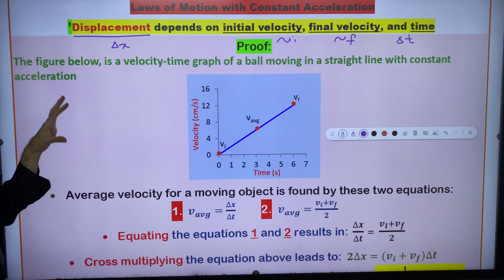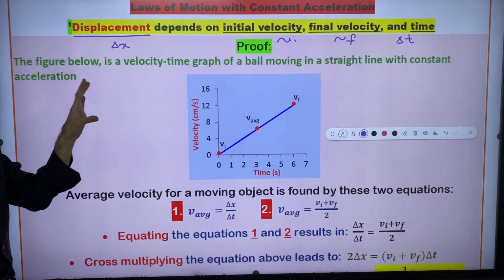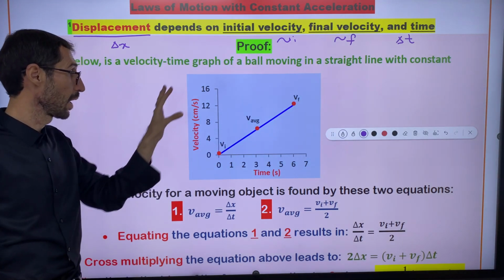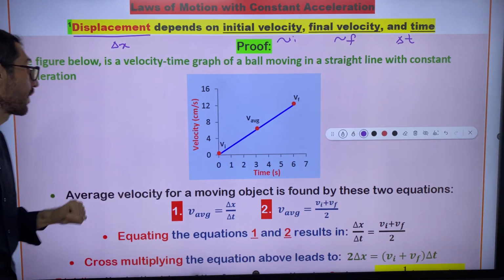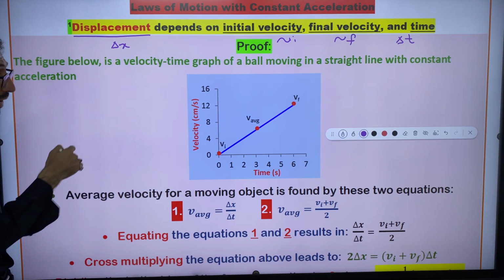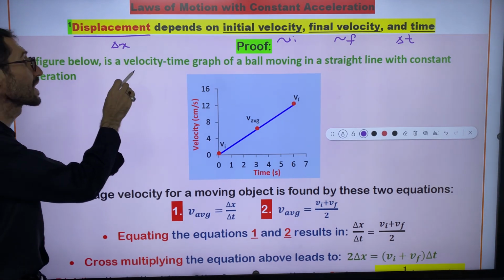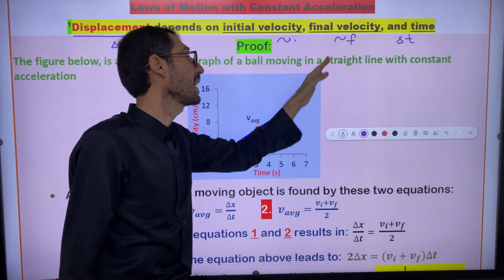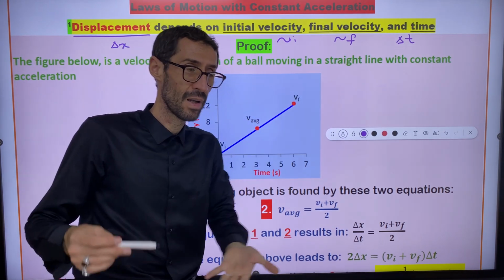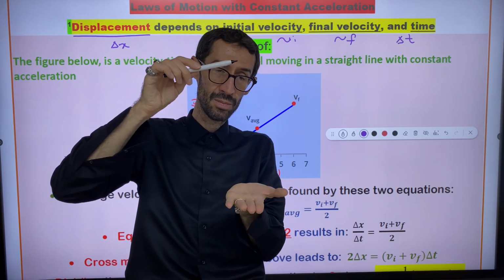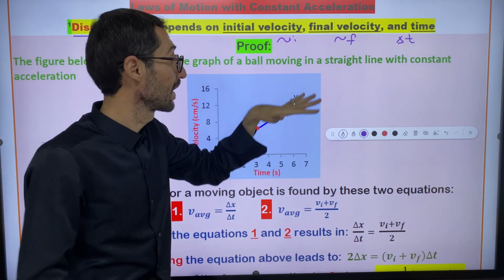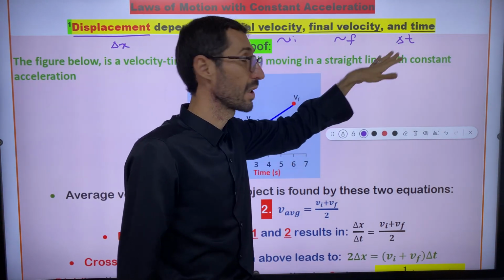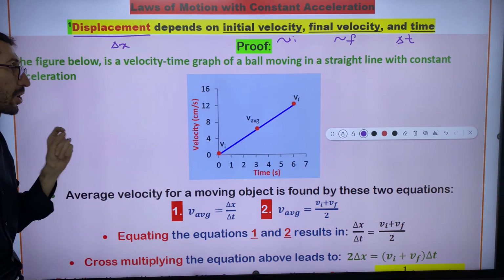Let's move on to the proof. You have to start from here. We have a diagram, a graph. The figure below is a velocity time graph of a ball moving in a straight line, or any free-fall object that moves vertically in a straight line with constant acceleration.